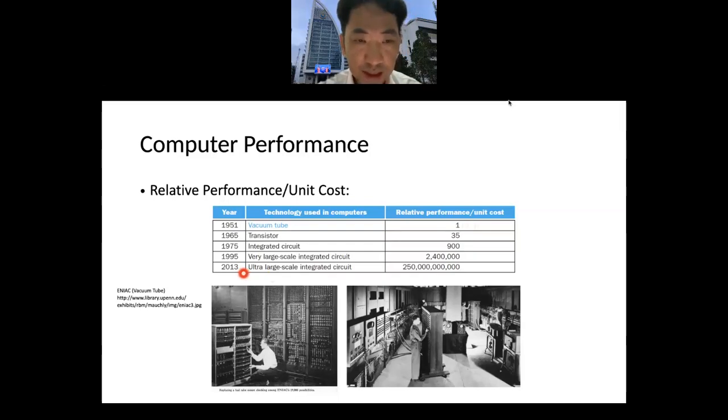Here it is 2013, and you can notice that about 9 years ago, the relative performance per unit cost is about 250,000 million times better than the vacuum tube technology.